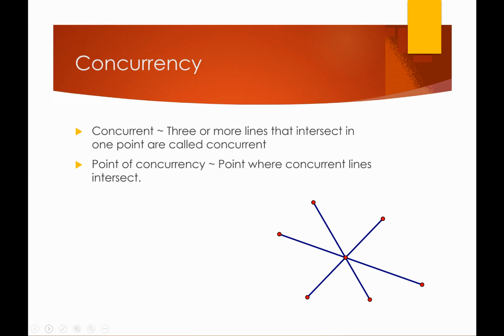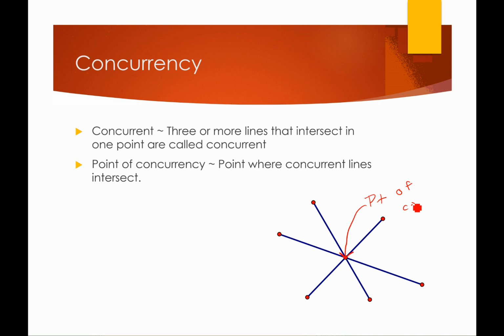So what's concurrency? For something to be concurrent, it means that we have three or more lines that intersect in one point. And for that, they're called concurrent. So these line segments, yes, I know they're not lines, but these line segments that I've drawn here are concurrent. And where they intersect right there would be our point of concurrency.